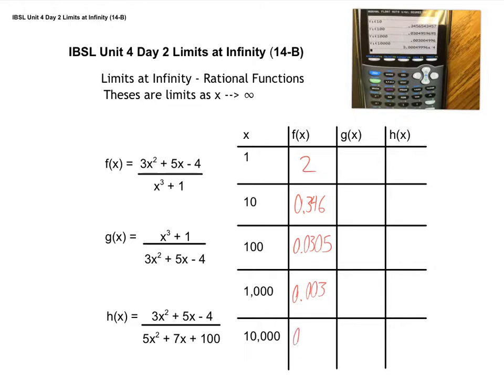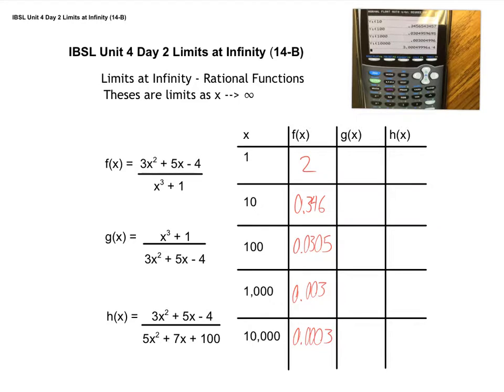And then here, it came out to 3.000499996 times 10 to the negative fourth. So that's 0.0003.